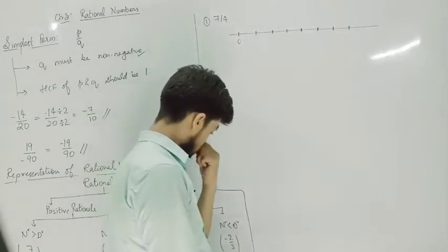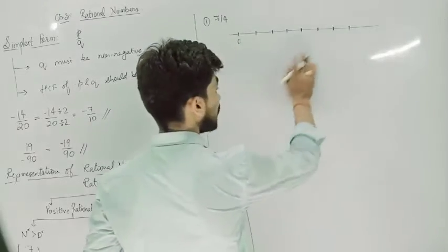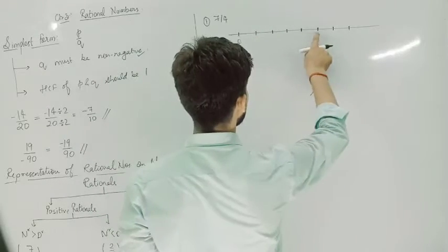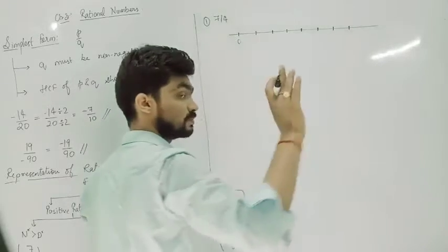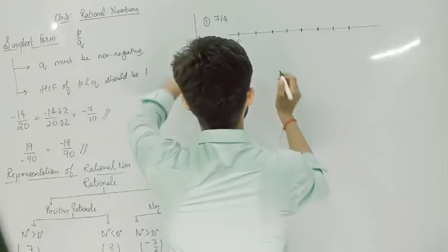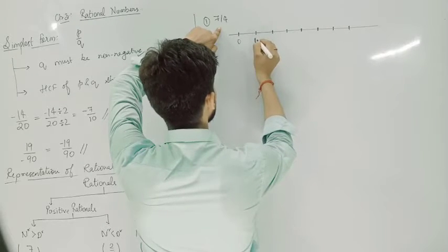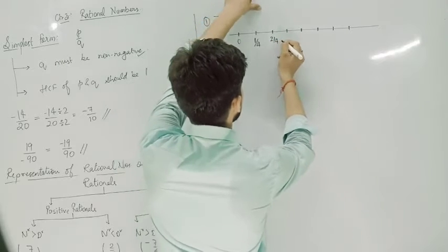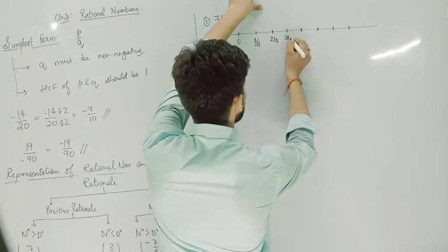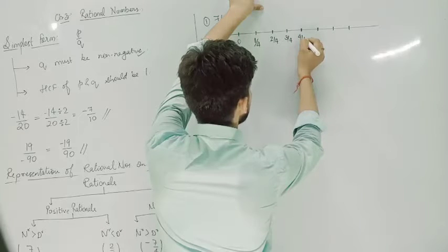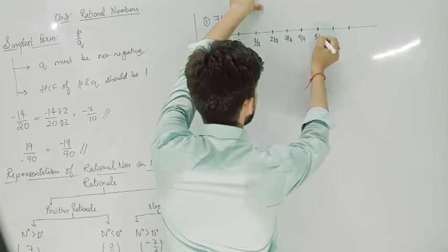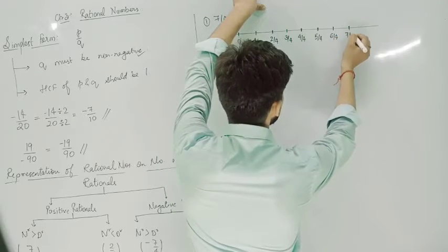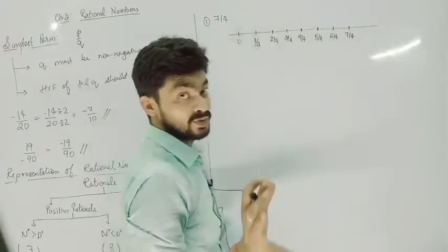Now, I shall make it as 7 by 4. This is 0, so 1, 2, 3, 4, 5, 6, 7. Except 0, you should make 7 equal parts. First I will write 1 by 4. Second I will write 2 by 4. Third I will write 3 by 4. Fourth I will write 4 by 4. Fifth I will write 5 by 4. Sixth I will write 6 by 4. Last I will write 7 by 4. I hope you understood.